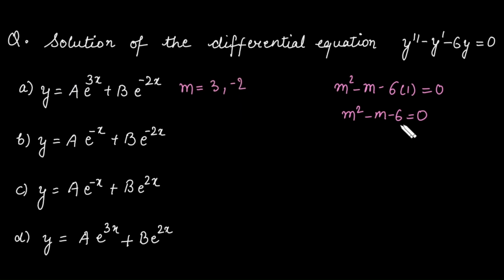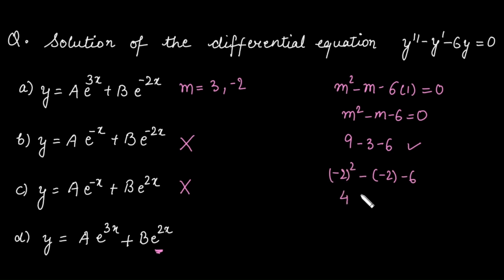So whether 3 satisfies this: 3 square is 9 minus 3 minus 6. So yes, 3 satisfies this. It means one of its solutions is 3. So clearly we can discard the options B and C. Now we need to check whether m is equal to minus 2 or 2 is the solution. So when you take minus 2 over here, minus 2 square minus minus 2 minus 6.